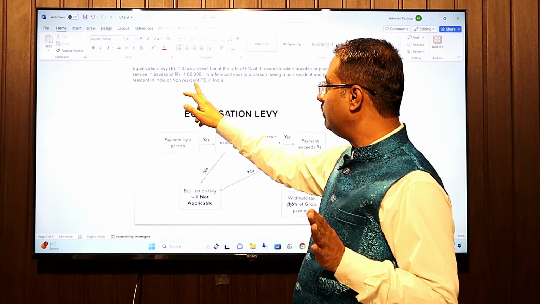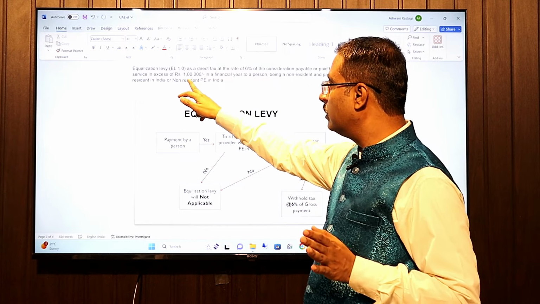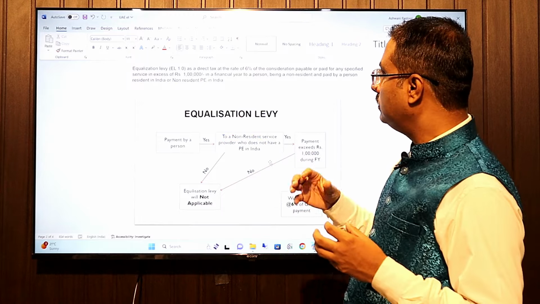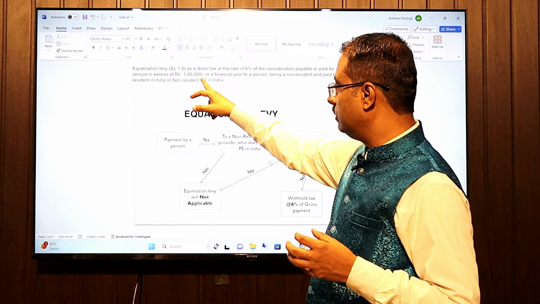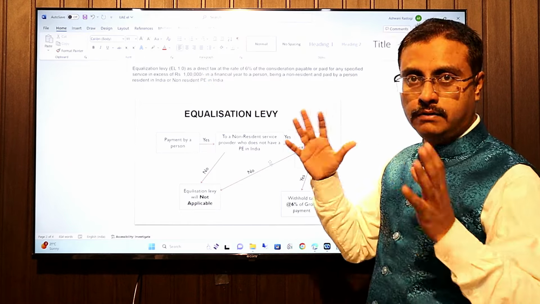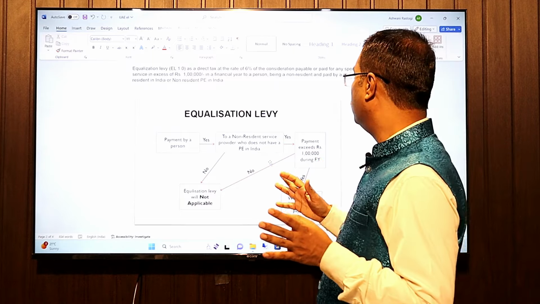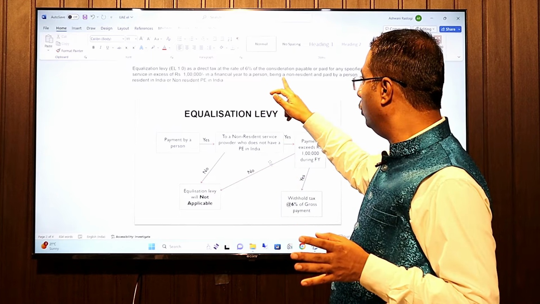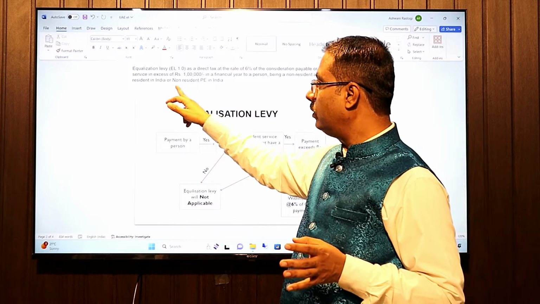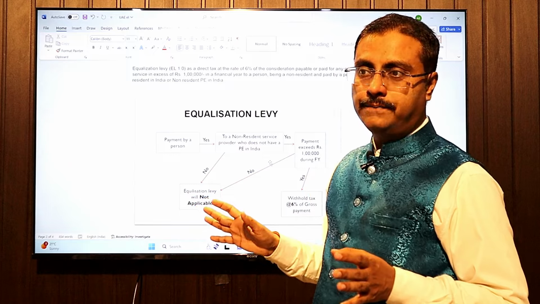In India, it is applicable once you pay more than 1 lakh. You may make payment in pieces, but once the 1 lakh is crossed and triggered, you need to withhold tax for the entire advertisement amount, payable to a non-resident who does not have PE status in India.